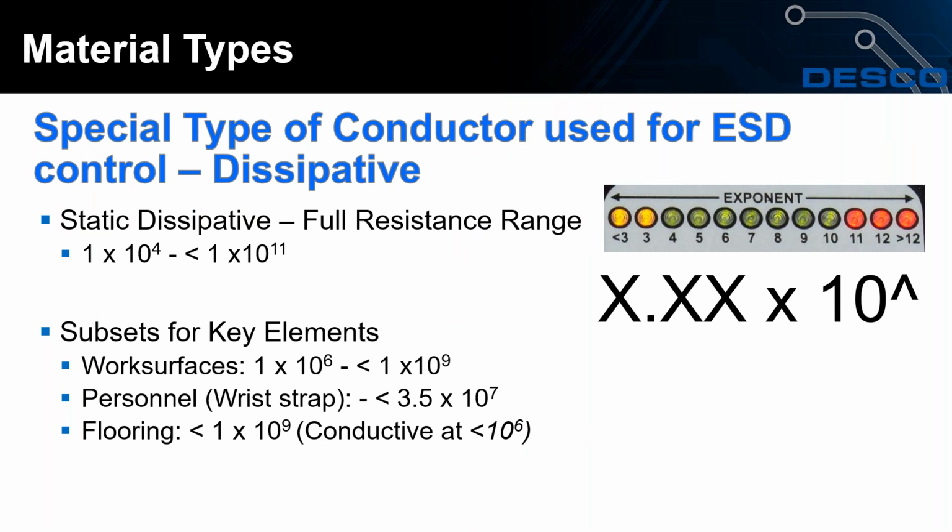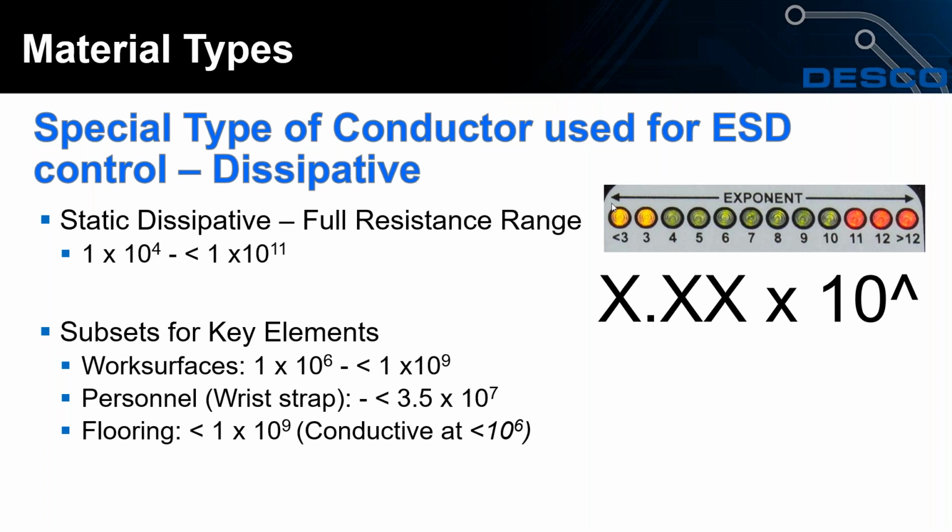Another terminology that we typically use in putting together a static control program that we need to be concerned with is the word dissipative. And basically, dissipative was coined with S2020 because what this means is something that will dissipate a charge away.